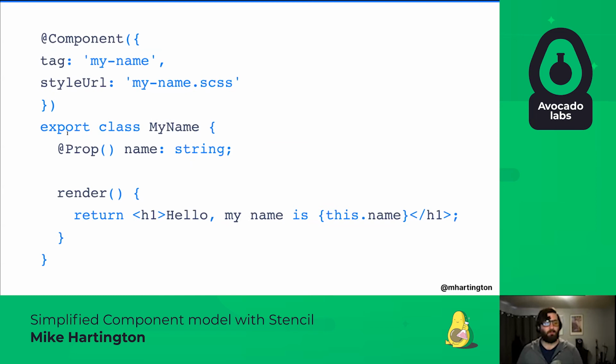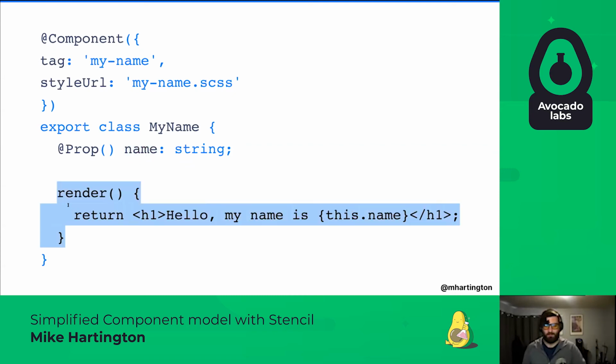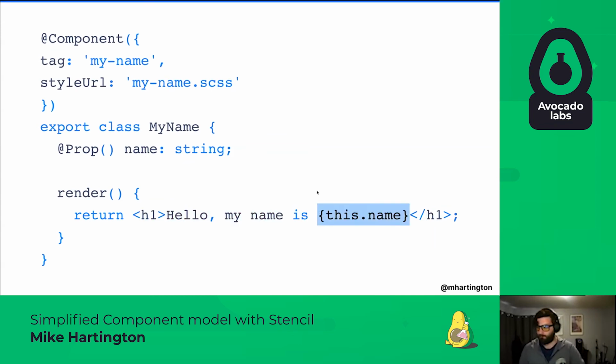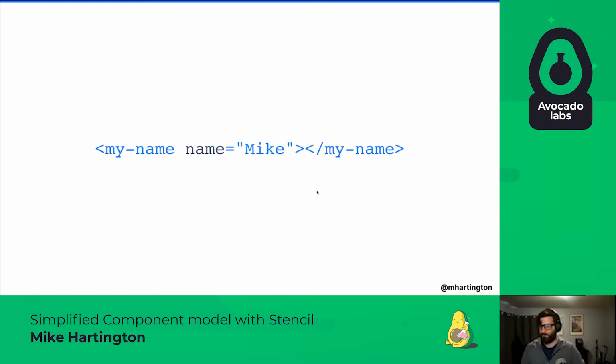For our class, we are exporting out this class, which has a property that is decorated with this @Prop decorator, meaning that anytime name changes from outside of this component, it's automatically going to cause a re-render. And down in our render function itself, we're just going to return some JSX and do some standard data binding to render this out. Usage for this looks pretty familiar. We just have my-name equals Mike, and then we close it out with that tag.